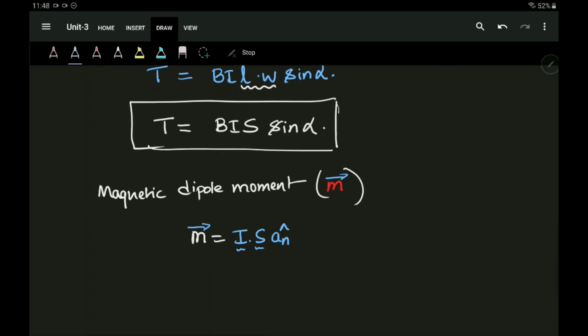It has an SI unit, which is amp per meter square, because meter square is the area and current is in amp.